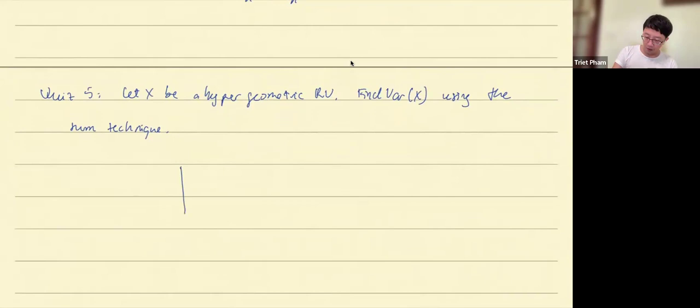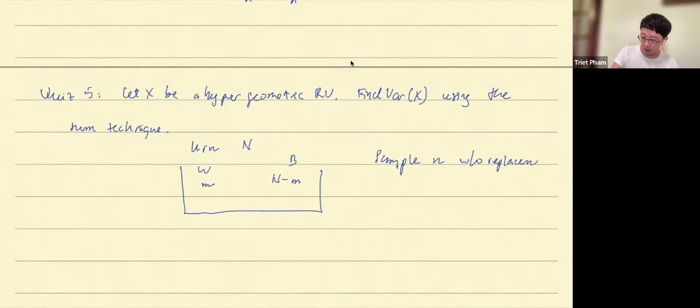So if you remember, you have an urn that has N balls total. M of them are white, and N minus M are not white, so black. And you sample n without replacement. And X is the number of whites in the sample.